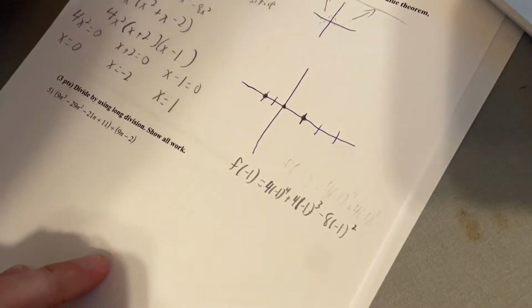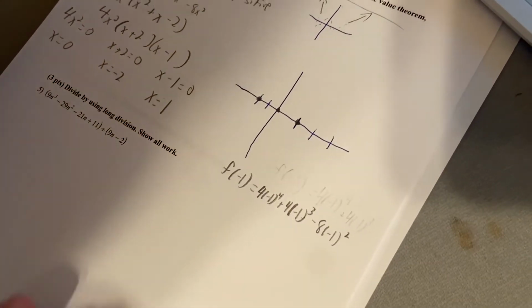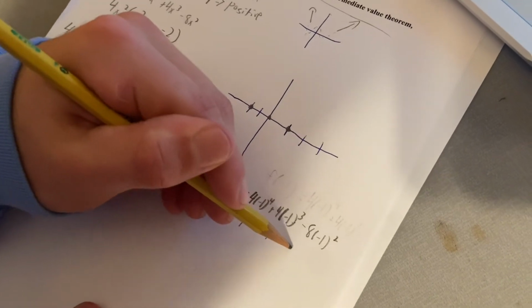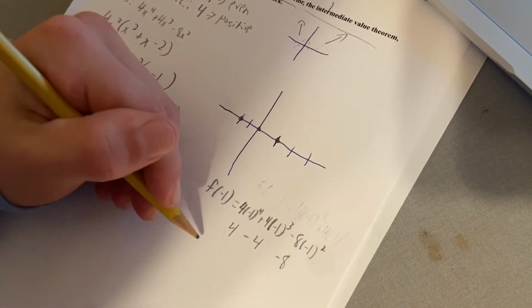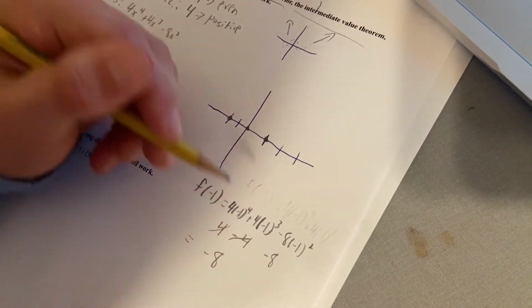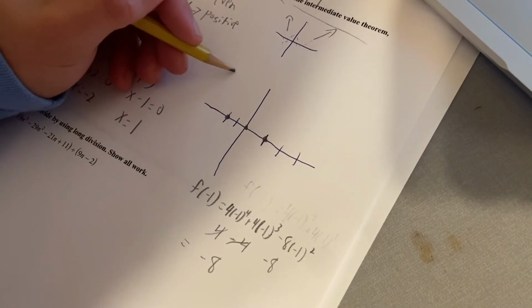We just plug the negative 1 into all the x's. And so then this will be 4 minus 4, then minus 8, which will then equal a negative 8, because those cancel out. So this here, we can begin to graph it.